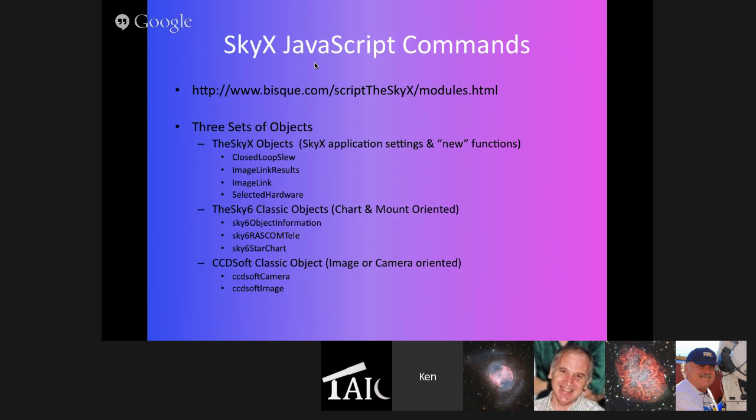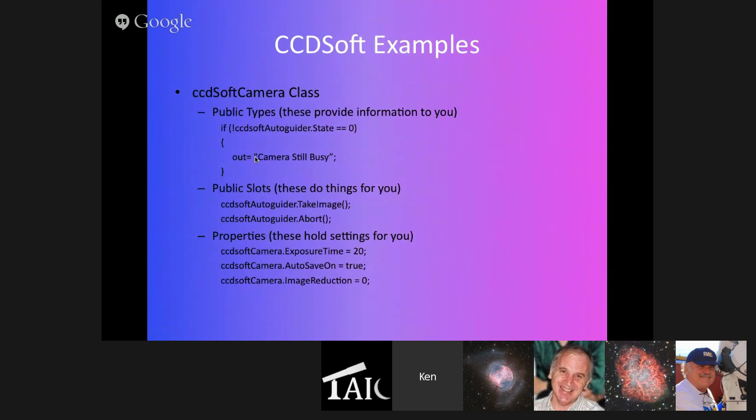There's the TheSkyX objects, which are TheSkyX application specific and new things. Then there are these classic objects, one for Sky6, and that relates to things like object information, running the telescope and the chart. And then the CCDsoft classic objects, which are manipulating the camera and analyzing images. But new things like closed loop slew are up here with TheSkyX objects. So it's a little schizophrenic, but it does make sense.